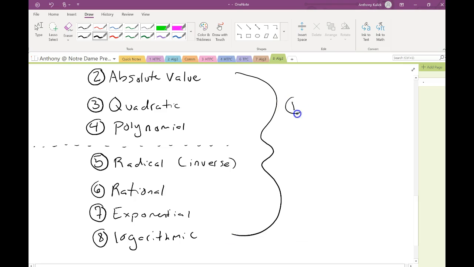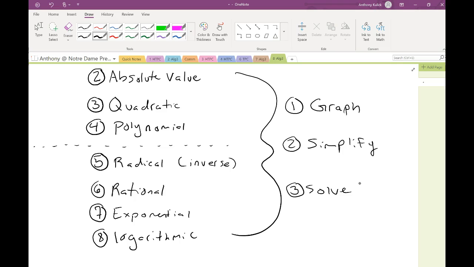For each of these 7 function types, what we're going to be mostly focused on is how we graph them, how we simplify an algebraic expression involving that type of function, and then how we solve an algebraic equation involving that kind of function. So inside of each of those 7 function groups that I've outlined, those are the primary sorts of problems that we'll be looking at in each of those cases.